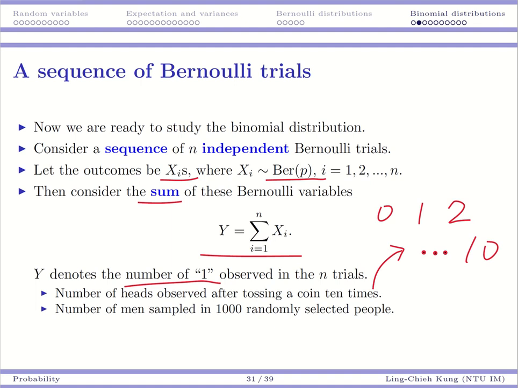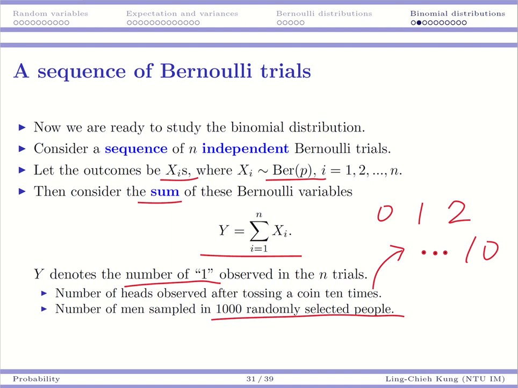And if we are able to characterize, to derive the probabilities for each outcome, then we are describing the probability distribution of that number of heads. That number of heads is random, and we try to characterize the distribution. So here is the same thing. We randomly select 1,000 people, and we ask how many men we may observe in that particular sample.